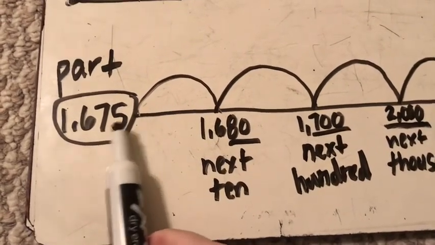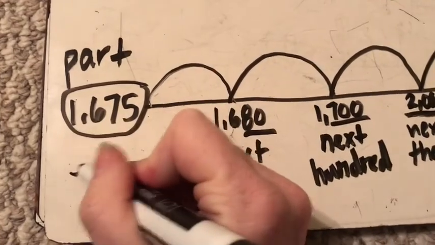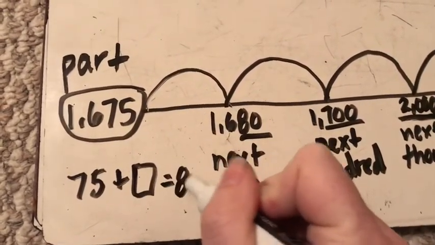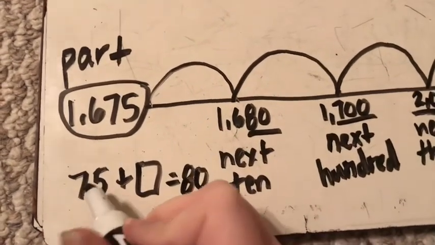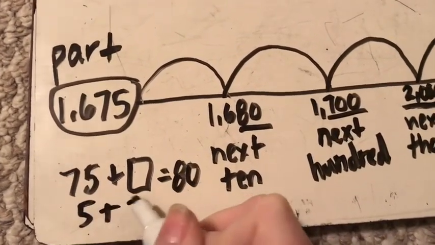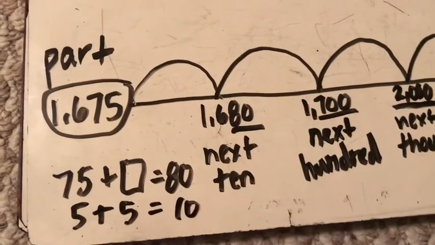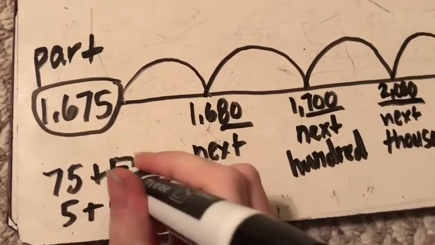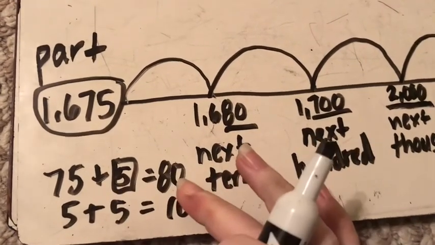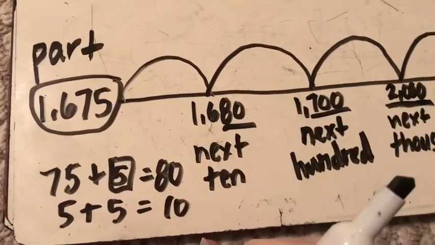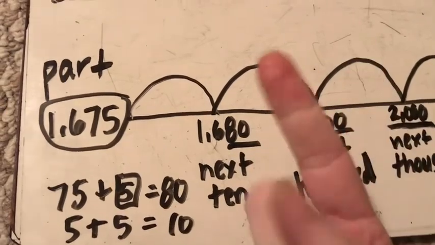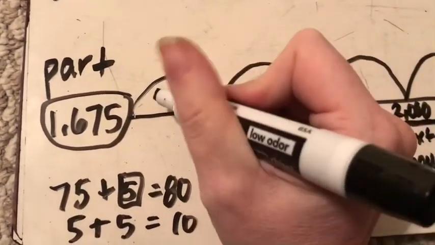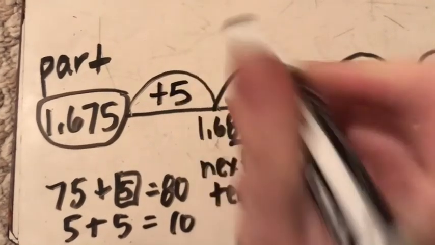If I'm thinking I have 75, I can think 75 plus how much more gets me up to 80. And since I know that 5 plus 5 gets me to 10, then I know that 75 plus 5 more would get me up to the next 10, which is 80. Or I can count on 75, 76, 77, 78, 79, 80. So I know that to go from here to here, I am adding 5.